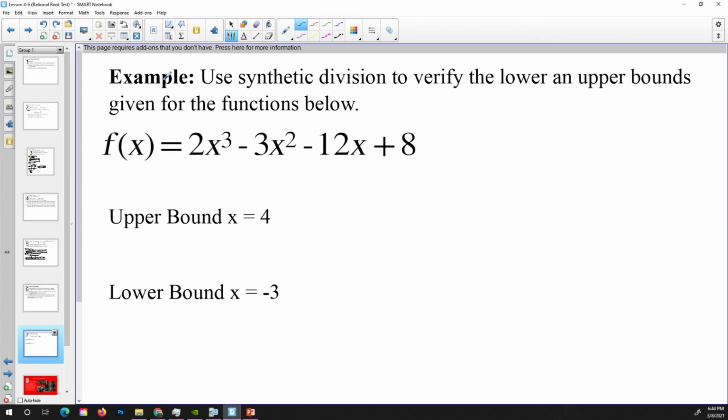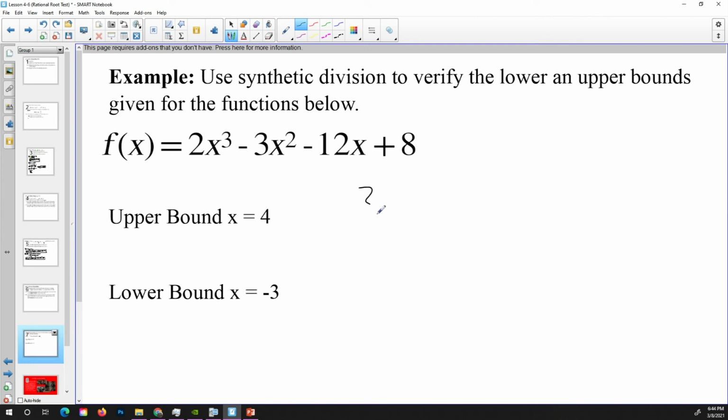It says use synthetic division to verify the lower and upper bounds for the given functions below. So they're telling us in this direction that the upper bound is 4. So when I plug in 4, I shouldn't get 0 out, but my coefficients in the quotient should all be positive.